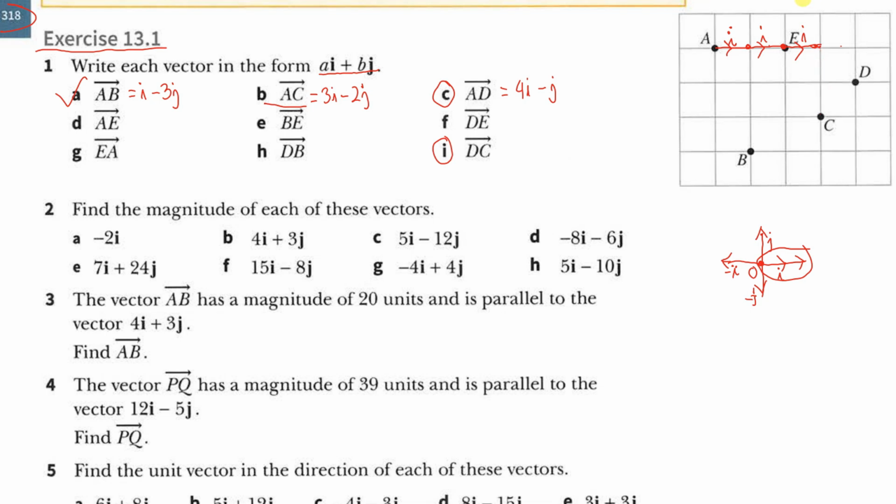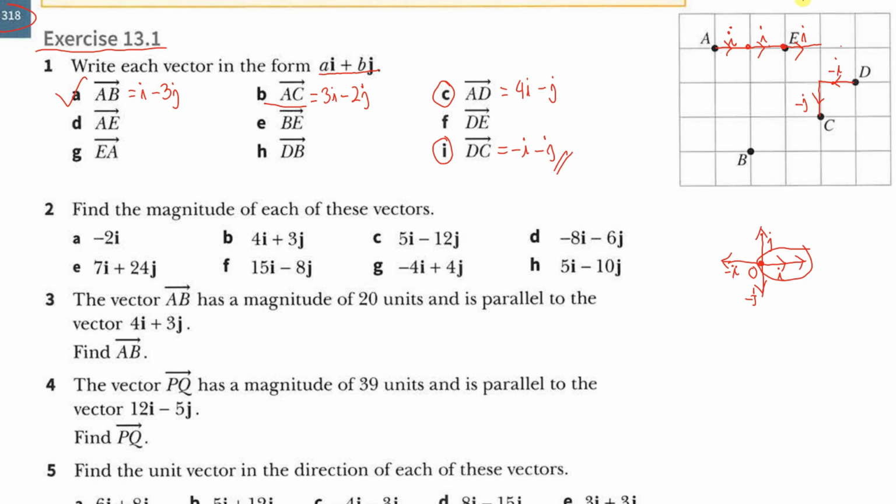From D to C, if we go horizontally first, we need to go to the left side, which is minus i, then downward also, which is minus j, because if it goes upward then we express it as positive j. So in terms of i and j, minus i minus j is the vector.